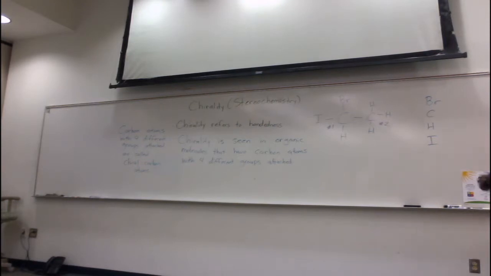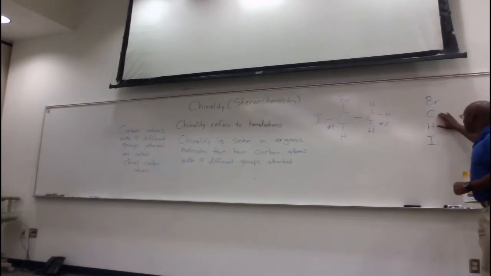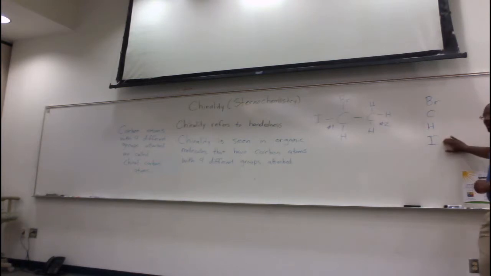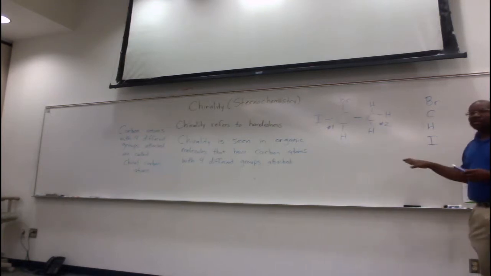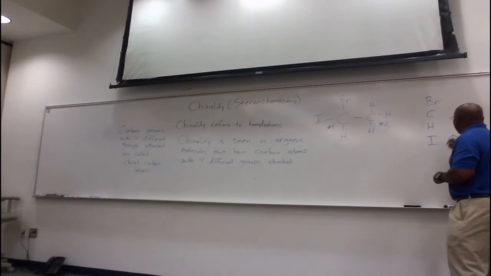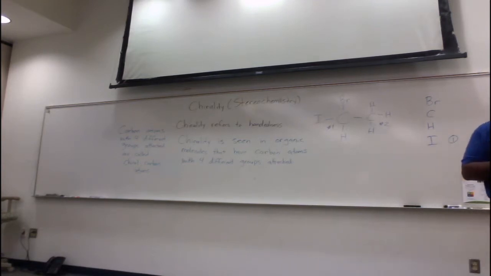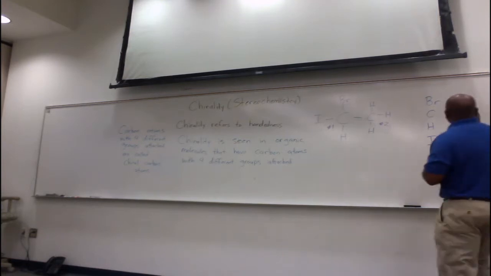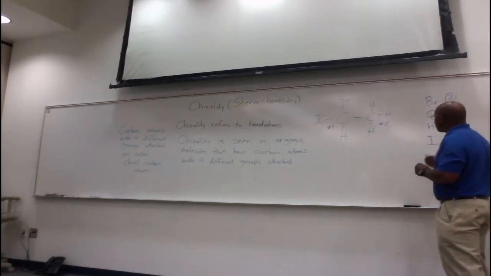We have bromine, carbon, hydrogen, iodine. Which of the molecules has the highest atomic number? Iodine. The atom with the highest atomic number was given a priority rule of 1. Highest atomic number, then going down. This is group 1. The second highest atomic number, bromine, is given 2.